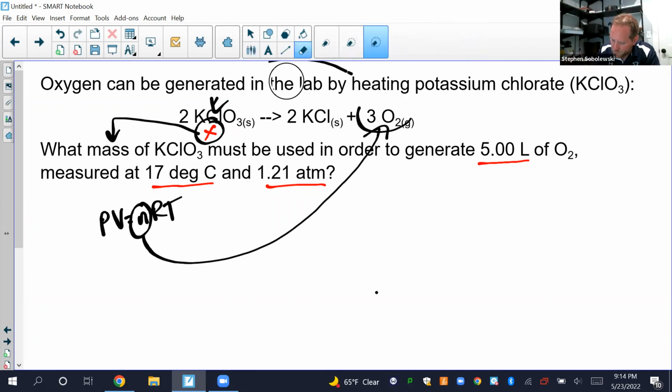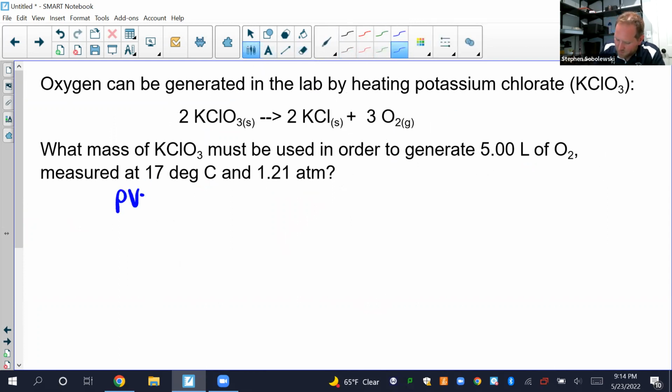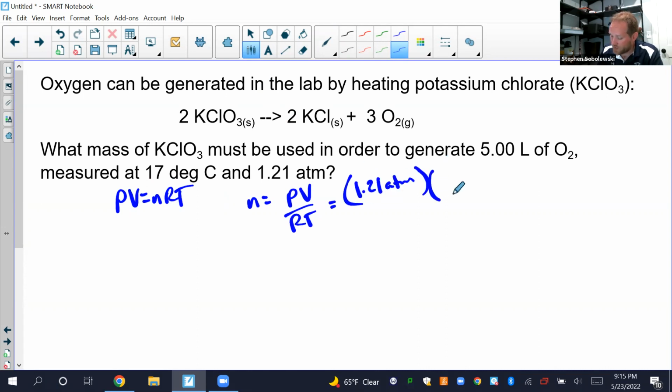Okay, let's solve. So starting with the ideal gas law, PV equals nRT, we're solving for n, moles. n equals, so I've got to divide RT out of there, PV over RT. Pressure is 1.21 atm. That's the unit we need. Volume, 5.00 liters.